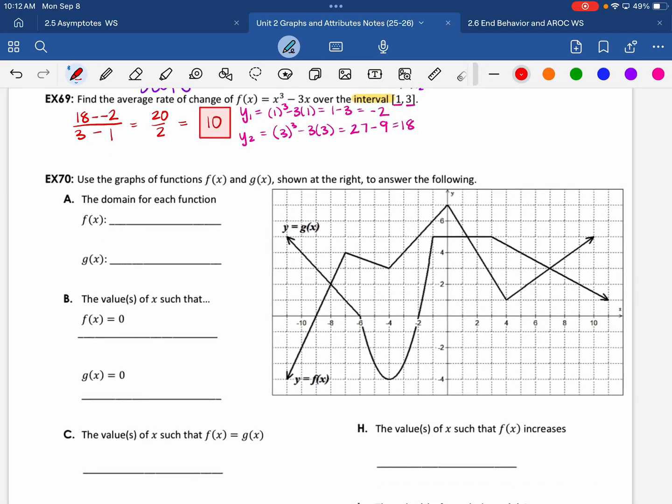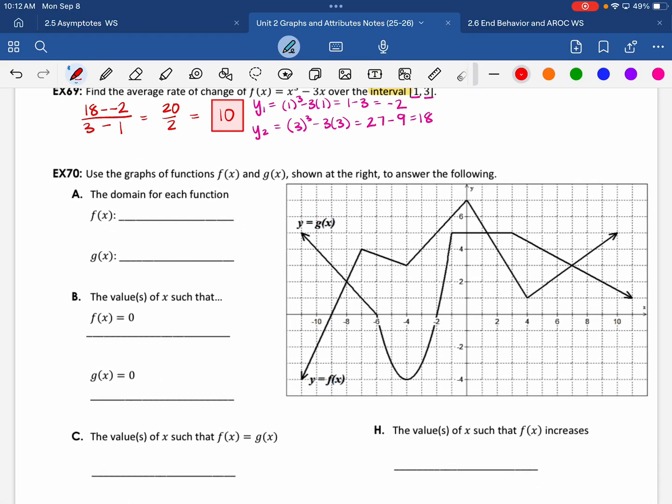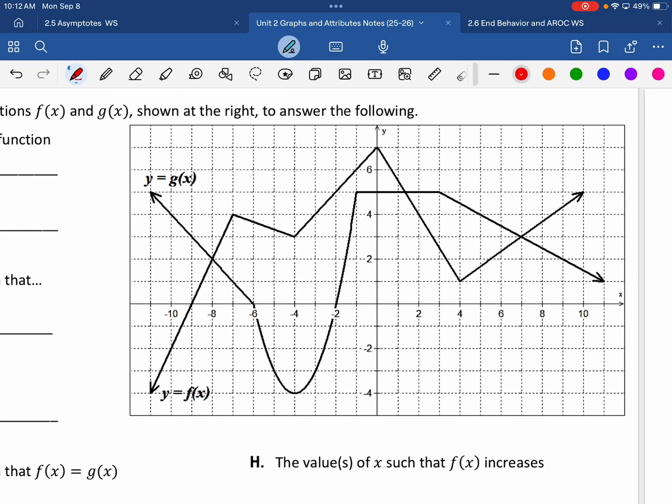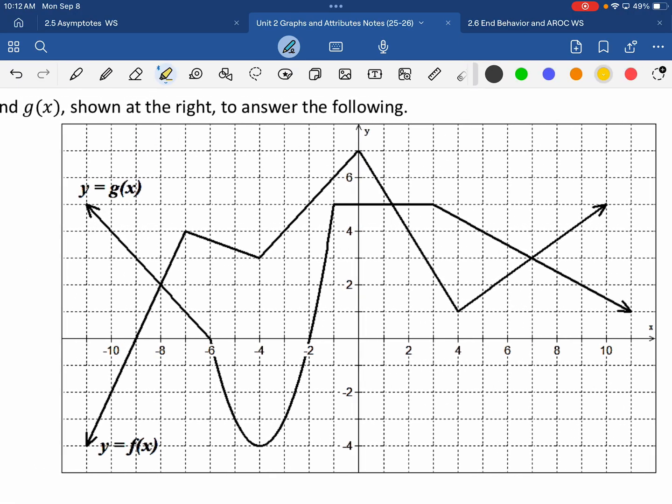Okay, the last question here deals with this graph. All right, and we are going to write the intervals for this graph. Now, you do have a question like this on your test, and if I were you, I would get a highlighter, and I would highlight your function.